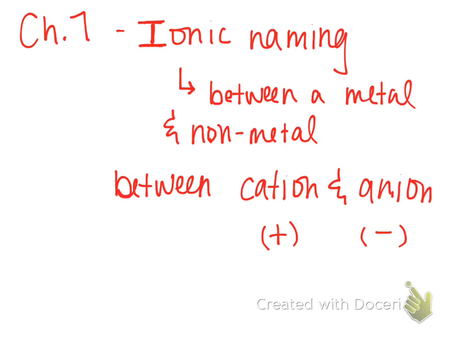I'm going to give you a periodic table that has the charge of every element, which helps you put together these compounds. Essentially, in an ionic compound we're taking a positively charged atom and pairing it with a negatively charged atom, or taking a metal and pairing it with a nonmetal. So that's the general overview for ionic naming.